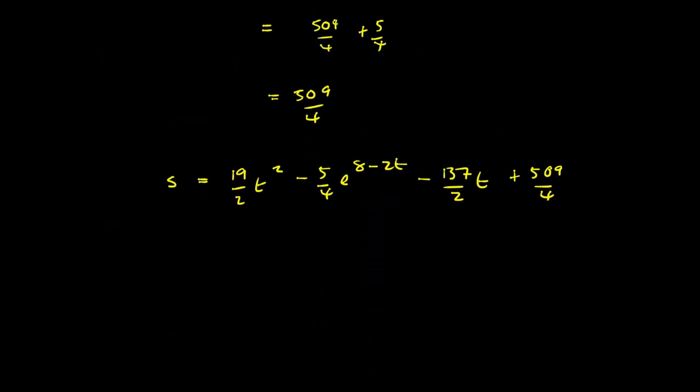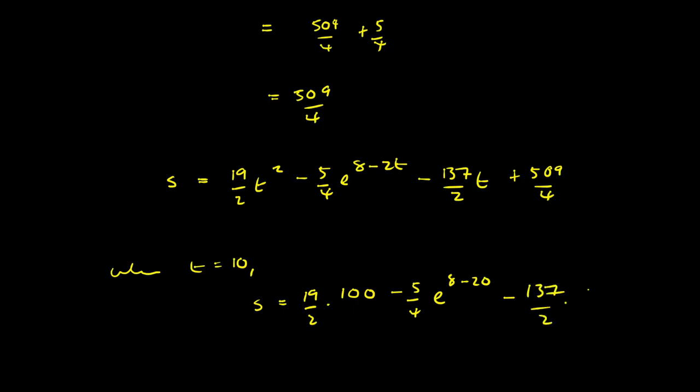So when t is equal to 10, s is equal to 19 upon 2 times by 100 minus 5 upon 4 e to the 8 minus 20 minus 137 upon 2 times by 10 plus 509 upon 4.